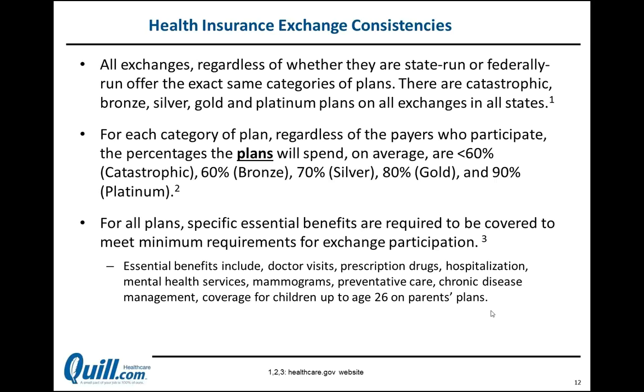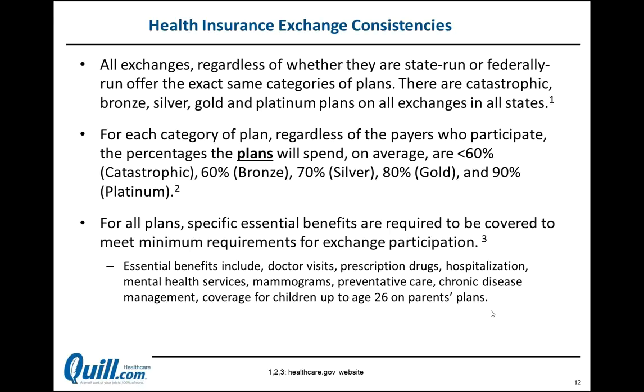Now, a perspective about the exchanges is that there are many consistencies across the various exchanges, and there are also many inconsistencies. And I think it's an interesting way to look at the exchanges to look for where they are congruous and where they are incongruous.